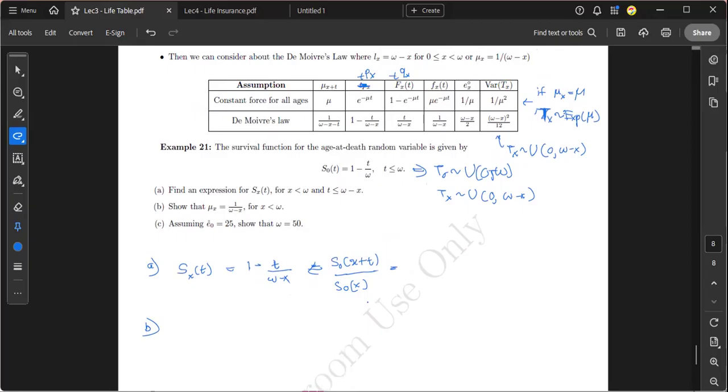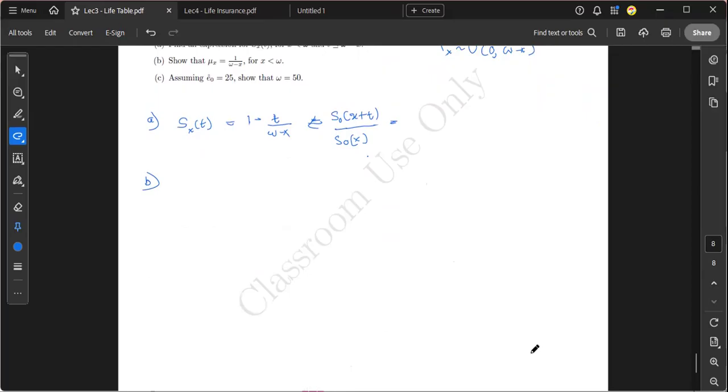We know that mu x plus t is given in different ways. We can take the log value of this one and differentiate it with respect to t, or we can differentiate this with respect to t and divide it by this.